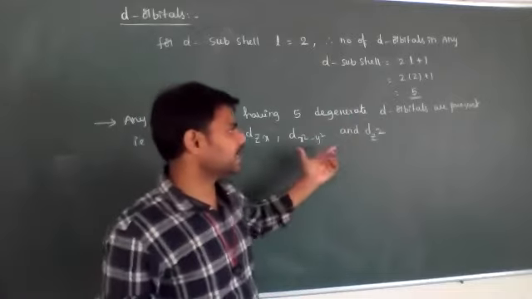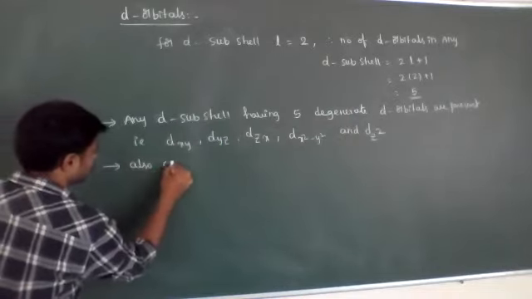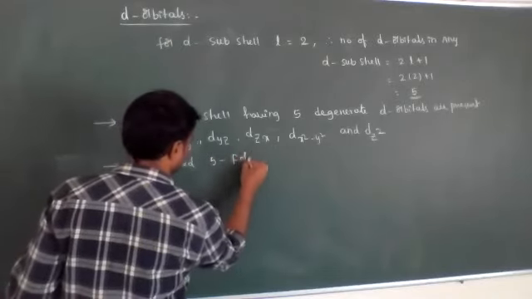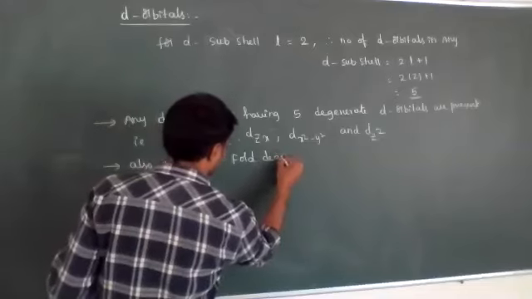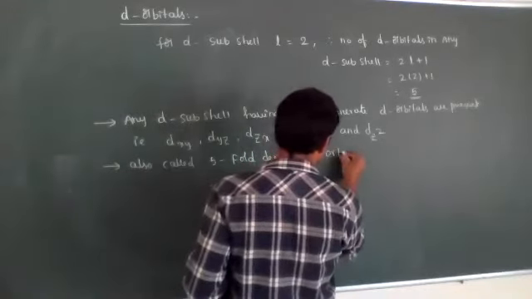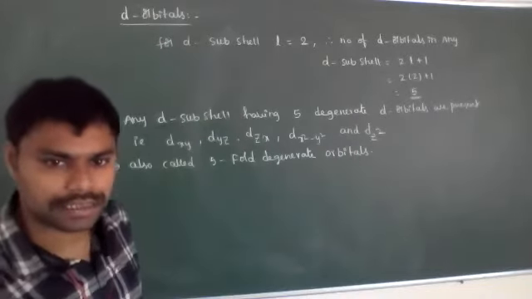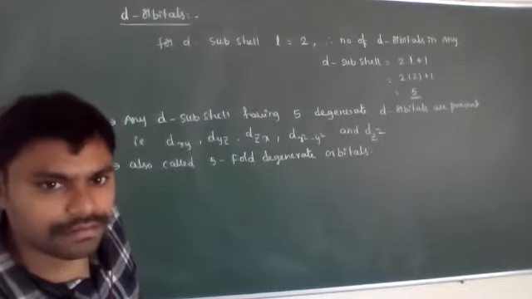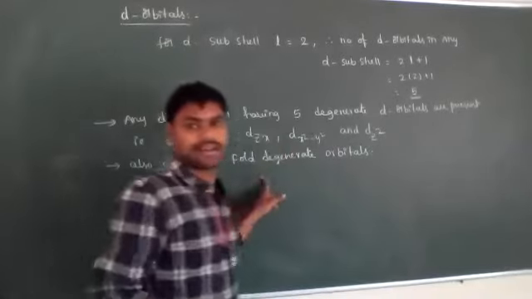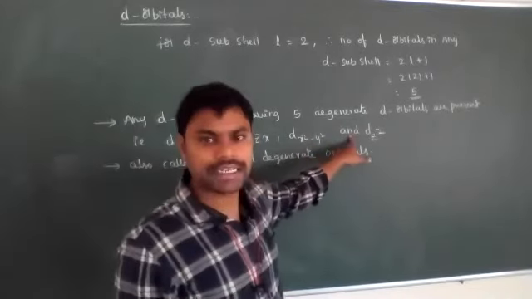That's why it is also called five-fold degenerate orbitals: dxy, dyz, dzx, dx square minus y square, and dz square.